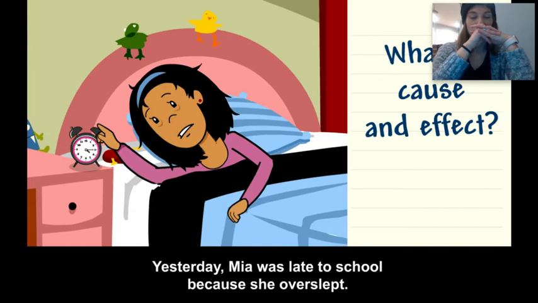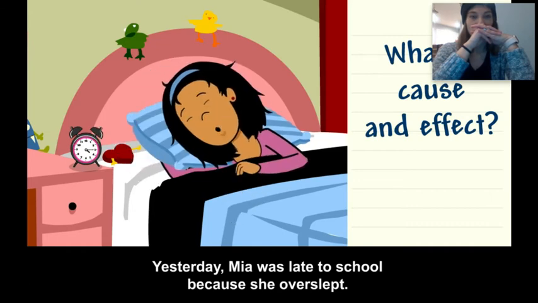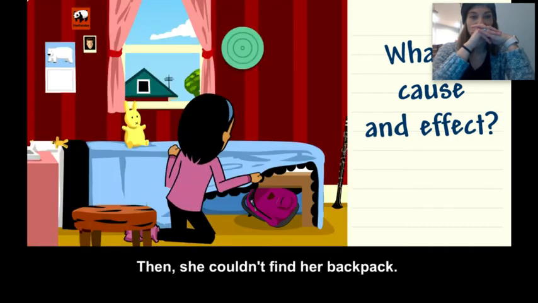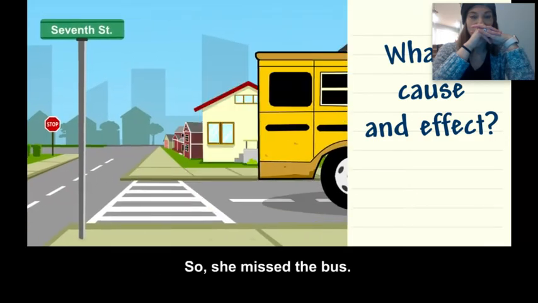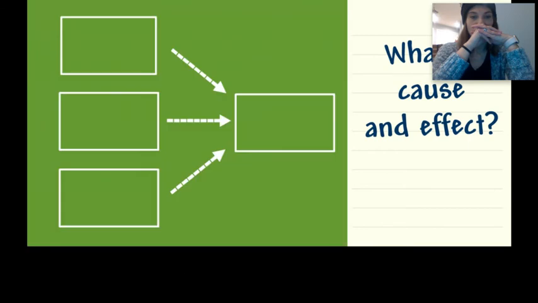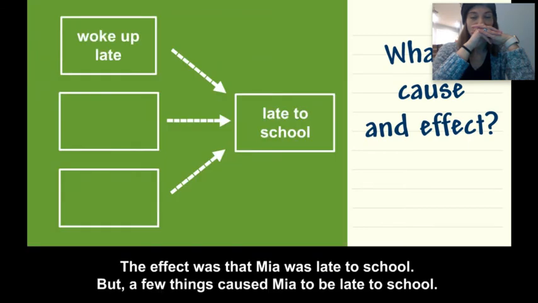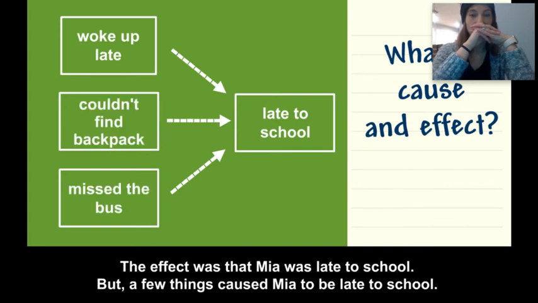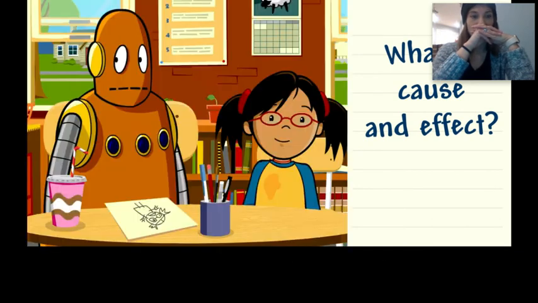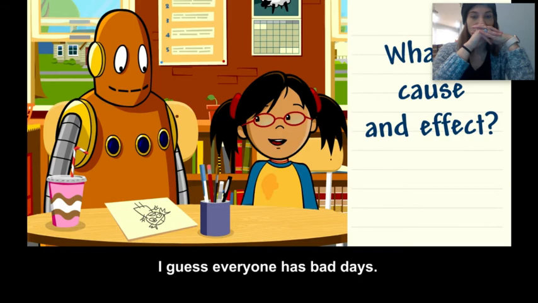Yesterday, Mia was late to school because she overslept. Then, she couldn't find her backpack, so she missed the bus. The effect was that Mia was late to school, but a few things caused Mia to be late to school. I guess everyone has bad days.